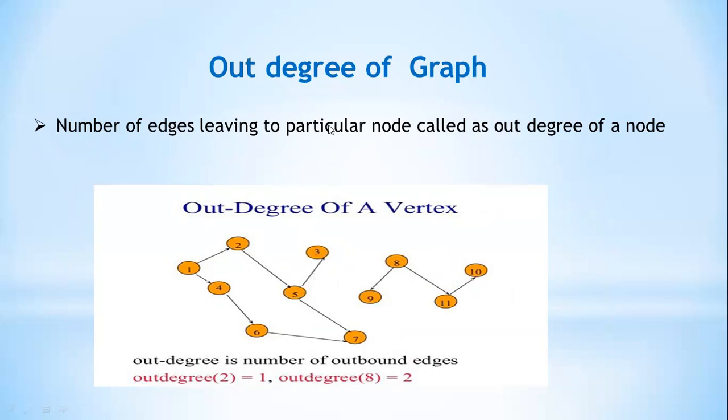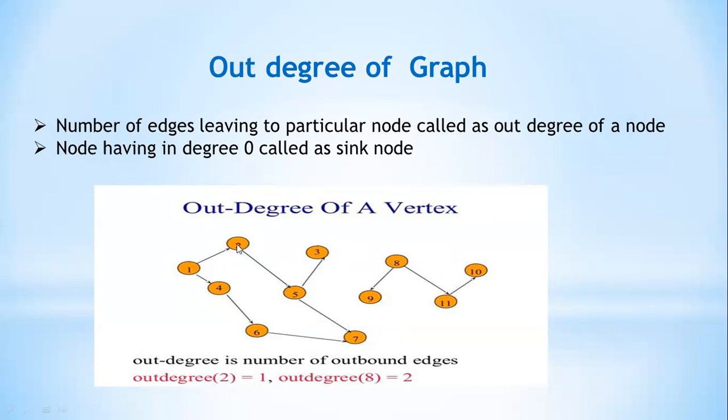That kind of concept is called out degree. And a node having out degree 0 is called a sink node. So if a particular node has out degree 0, then that type of node is called a sink node.